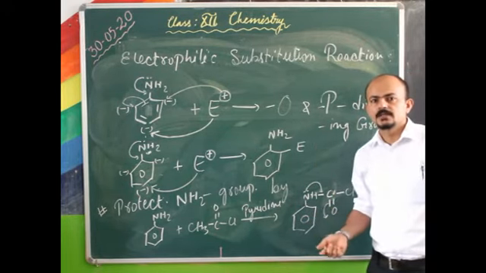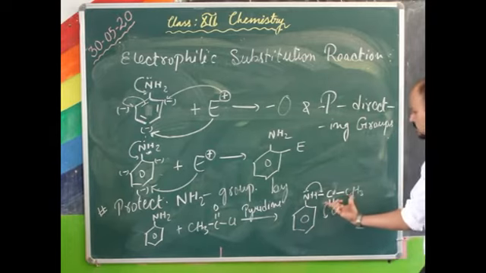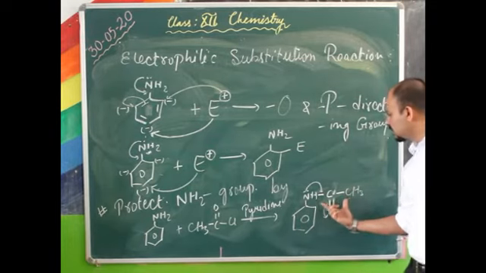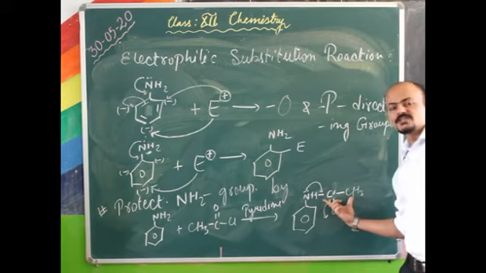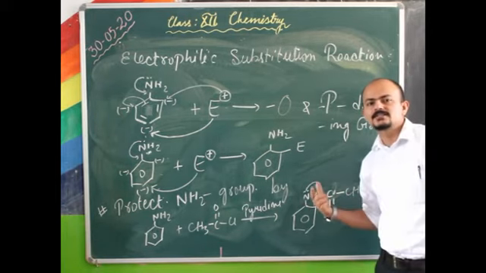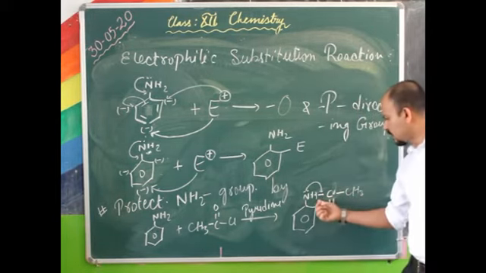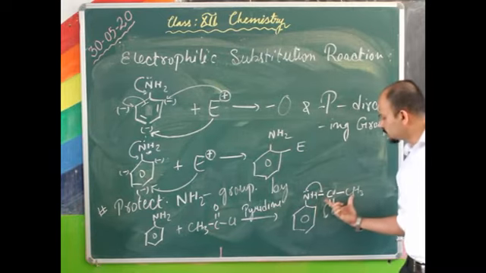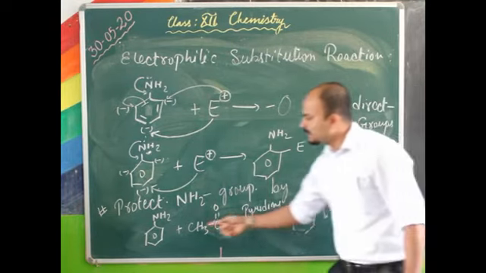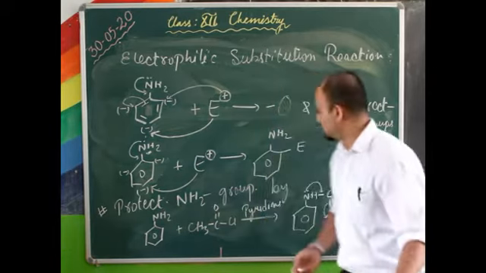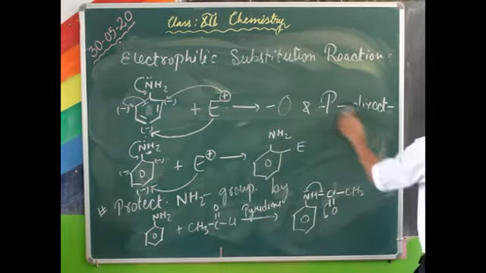So you might be thinking, since it has been converted to such a compound where such a big group is there, how can you get rid of this big group and get back to the NH2 group? That is very simple. You just have to hydrolyze it.